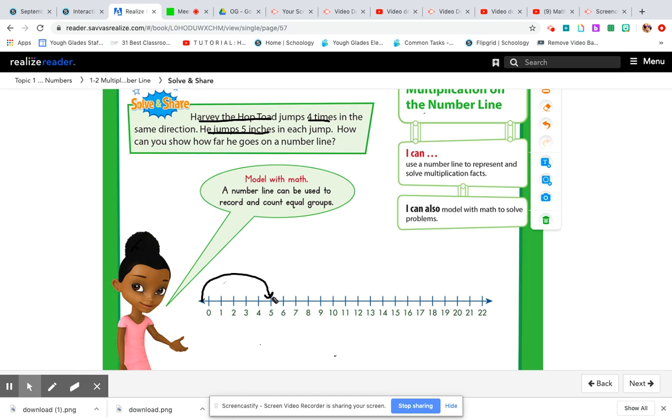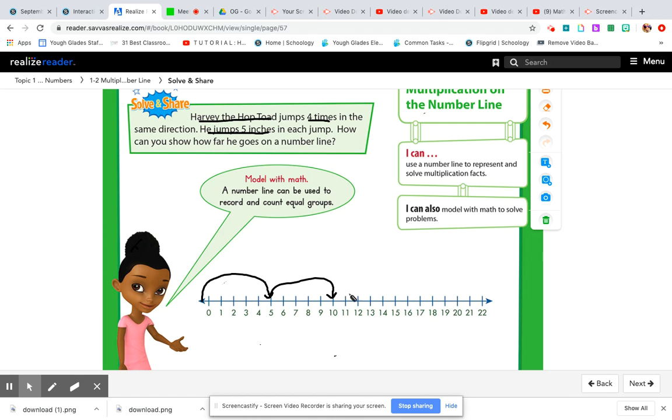After you do 5, you have to do 5 more because we have to jump 4 times, 4 jumps of 5. So if I do 5 more, 1, 2, 3, 4, 5, I land on 10. That's 2 jumps. I need 4. So I'm going to jump 5 more. 1, 2, 3, 4, 5.